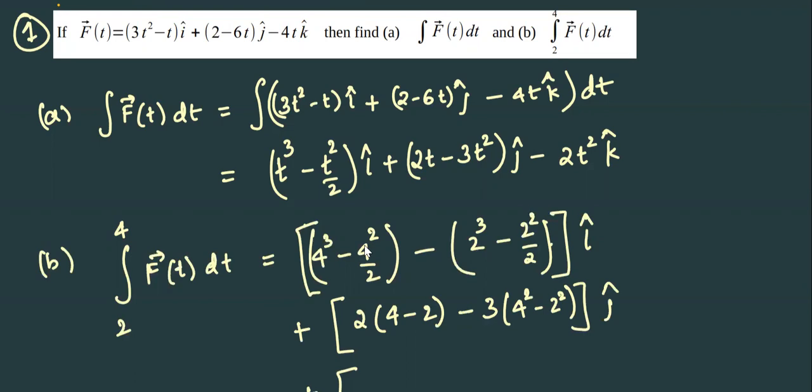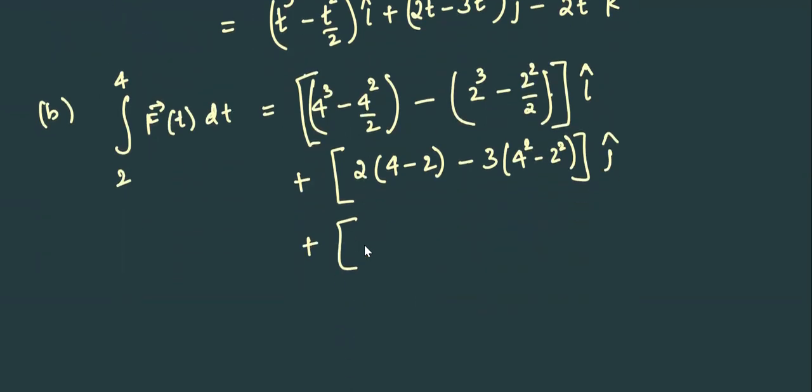Then the last one, minus of 2t square, minus 2t square.